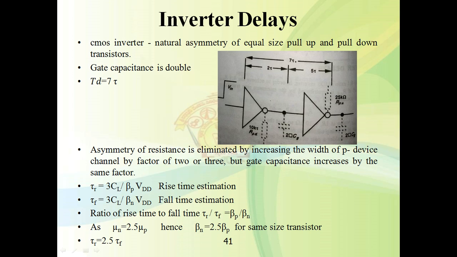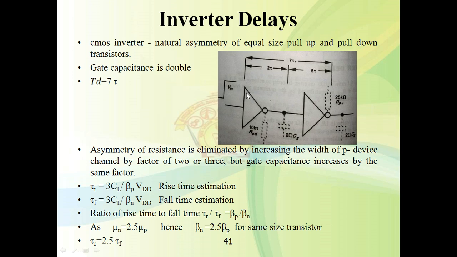For the pull down transistor with minimum feature size, the on state resistance is 10 kilo ohm, and for the PMOS transistor the on state resistance for minimum feature size is 25 kilo ohm.